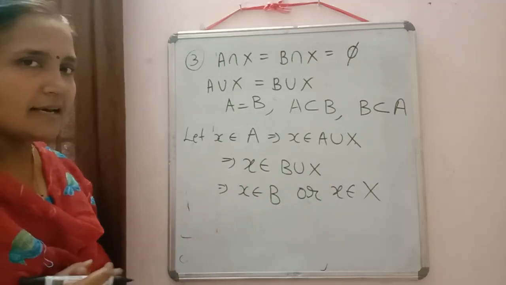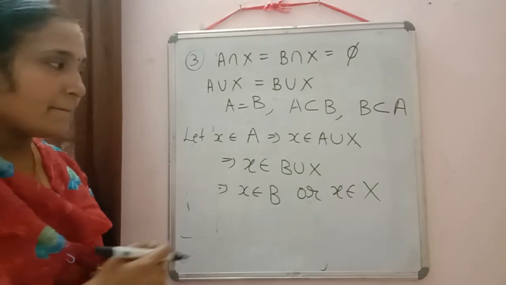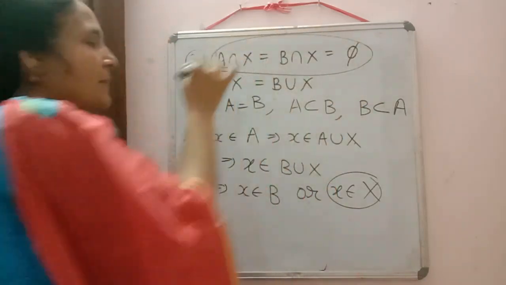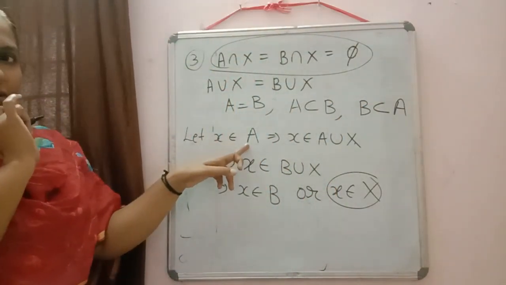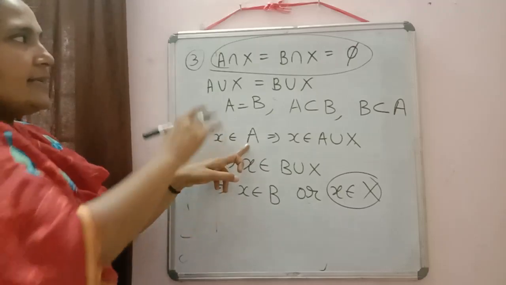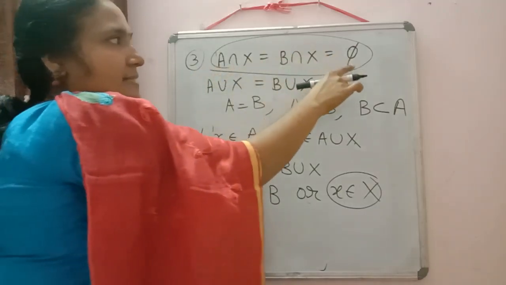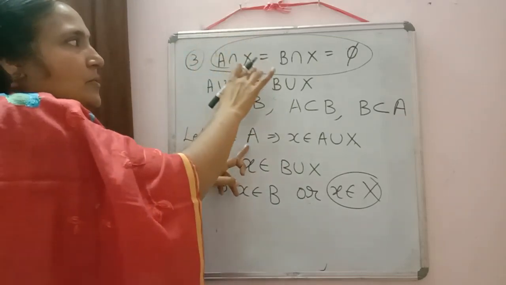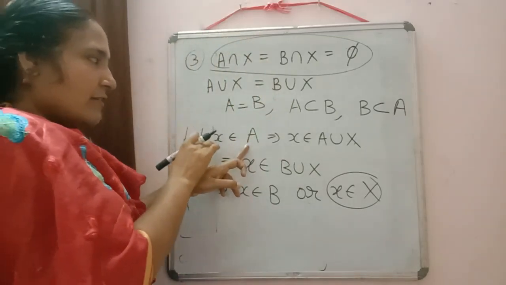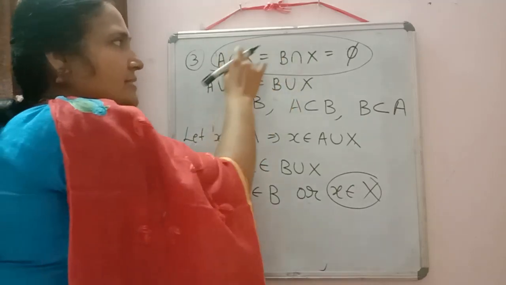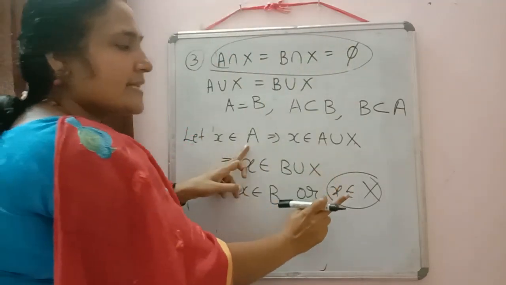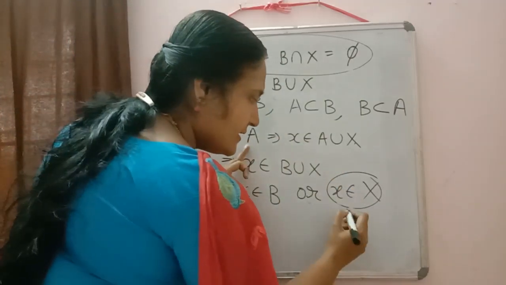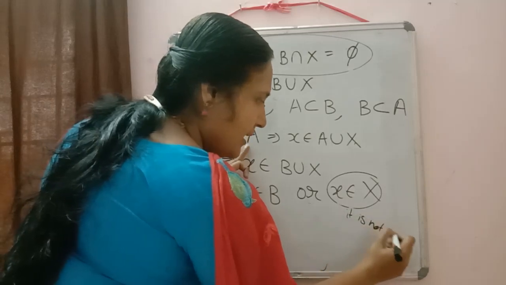x belongs to B is true. Why? We have taken x belongs to A, and already it is given A intersection X is equal to empty set. Means there is no element common to A and X. So if x is there in A, from this information we can say obviously x will not be there in X. So this one you can write, it is not possible.